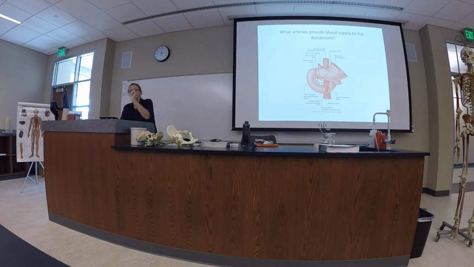We can start differentiating between those two. The stomach and the duodenum are predominantly part of the foregut, right? So they get some blood supply from the celiac trunk. The latter part of the duodenum starts getting blood supply from the superior mesenteric, and then the ileum and jejunum, the rest of the small intestine, get blood supply from the superior mesenteric, so that would be the midgut area.